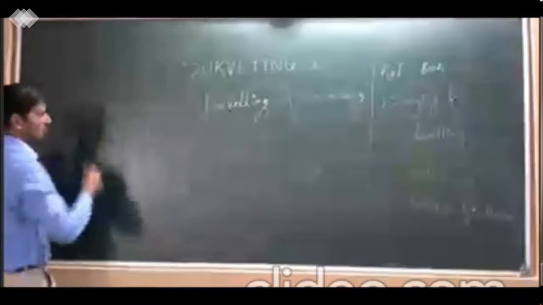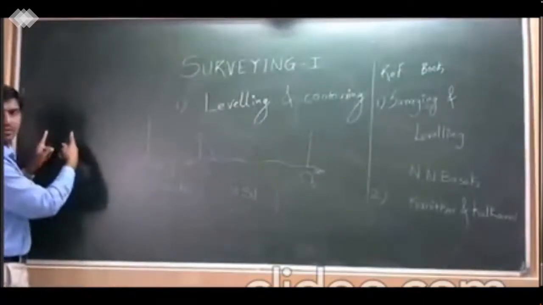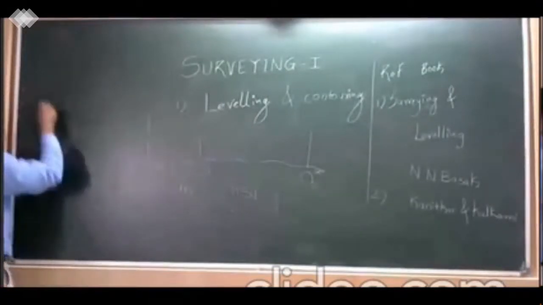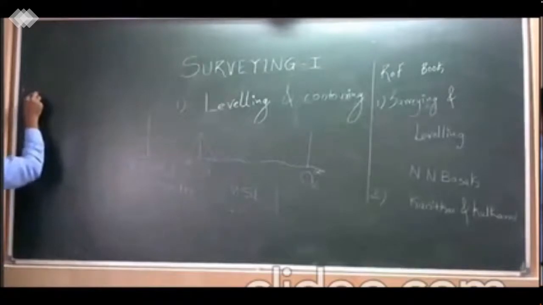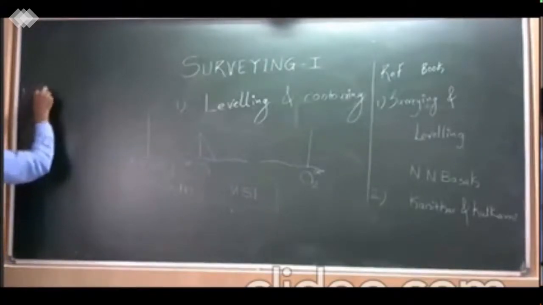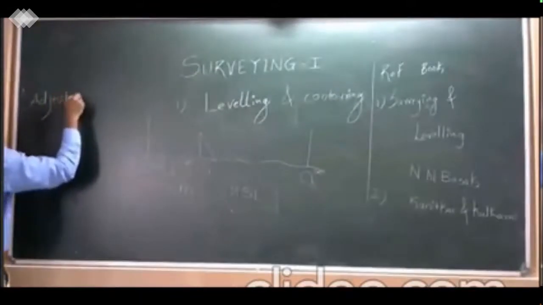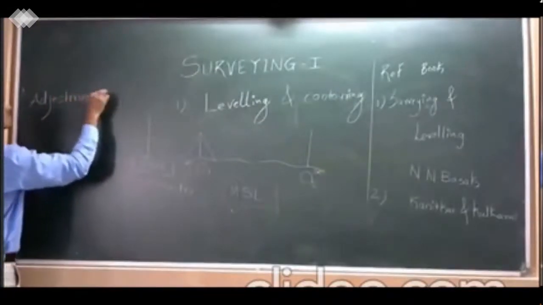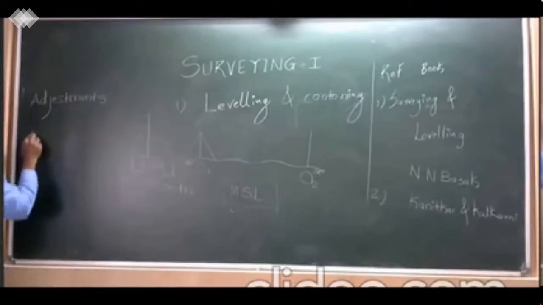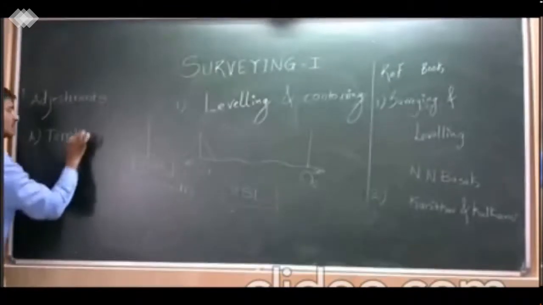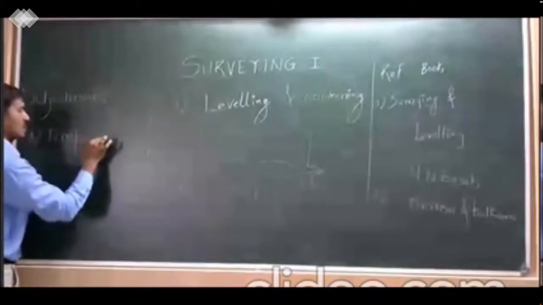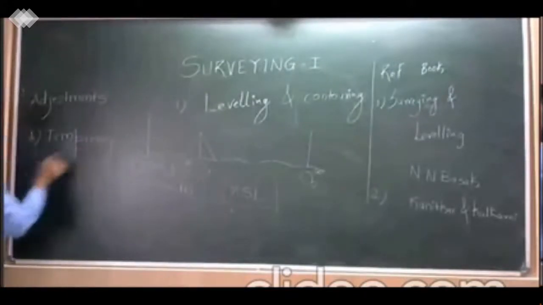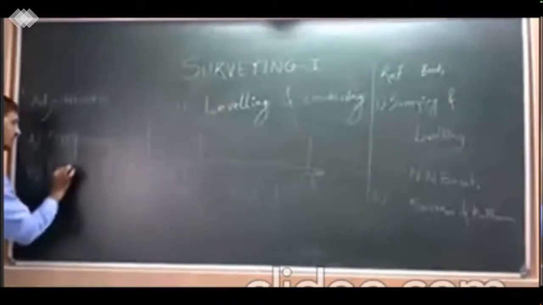I will note it over here if this side of the board is visible. So I will write the adjustments. First is temporary adjustment, and second one is permanent adjustment.